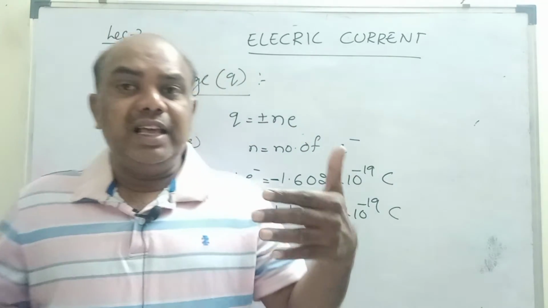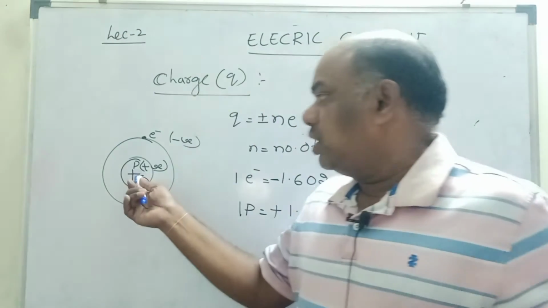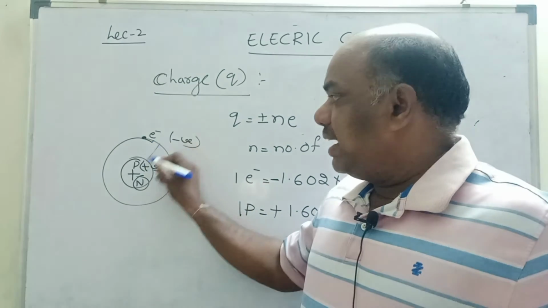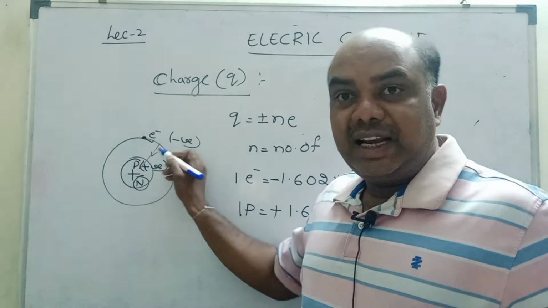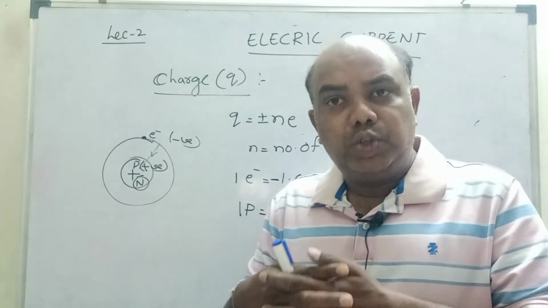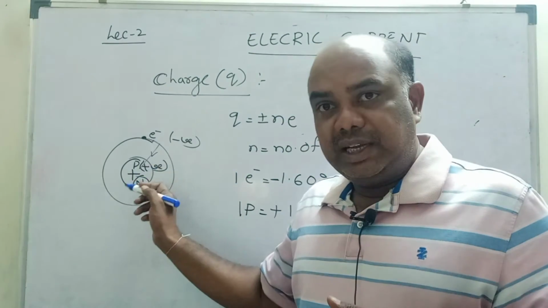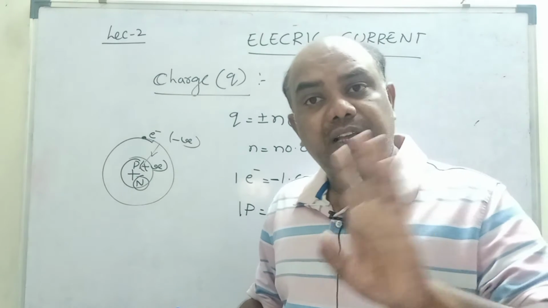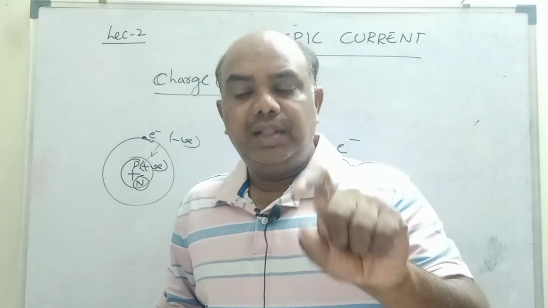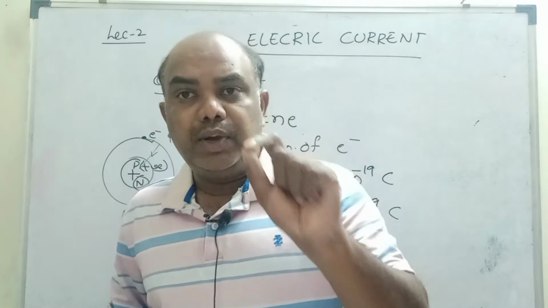Why? Because there will be imbalance between positive charge and negative charge. If you remove some electrons from the outer shell, electrostatic force is produced between the electrons and the nucleus. So we cannot call it a neutral atom, it is a charged atom. Then automatically it will be ionized.